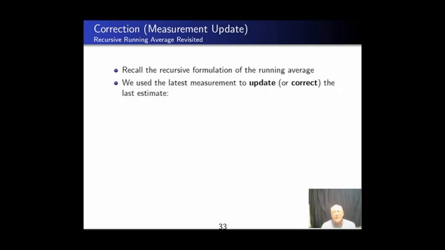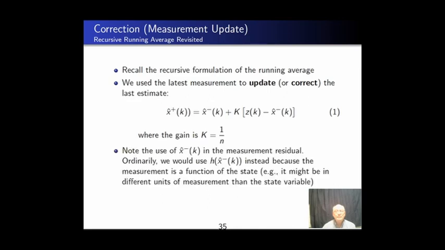So, if you think back to our running average example once more, you can recall that we used the measurement to update our last estimate. So we had an equation that looked like this. The updated estimate x hat plus was equal to the predicted estimate, which is x hat minus, plus a small increment that was a weighted value of the difference between the actual measurement and the predicted measurement.